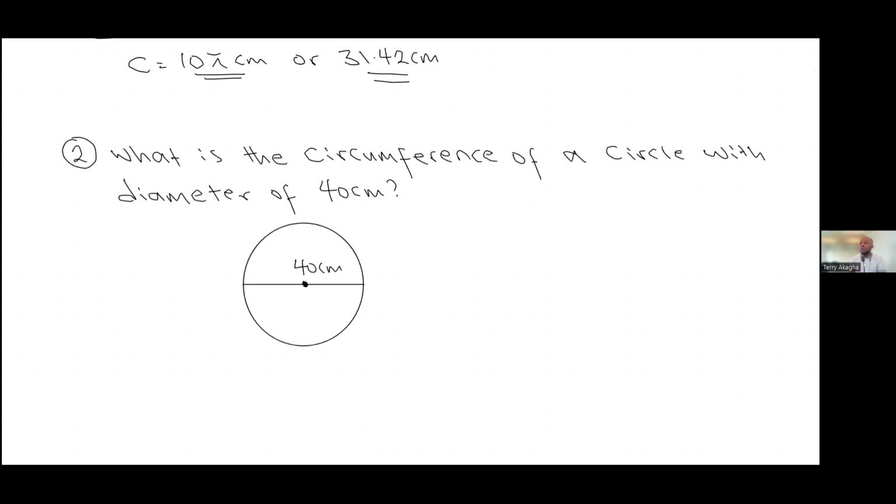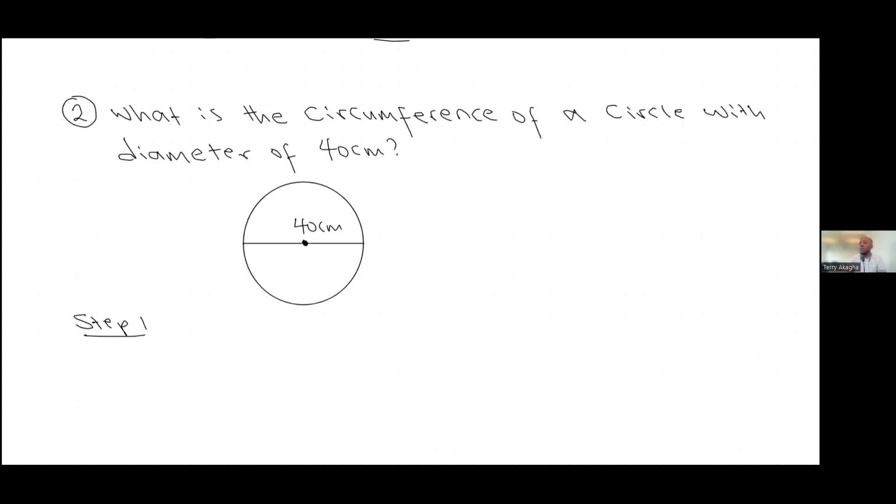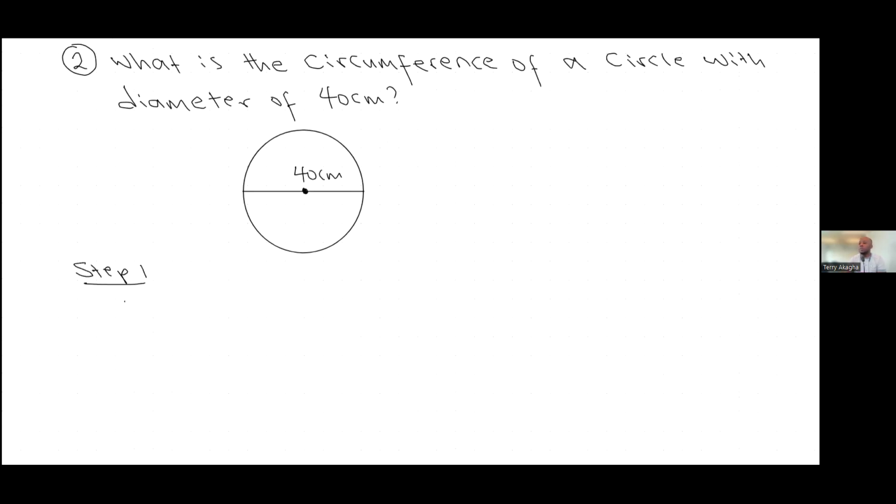So step 1, we have that the diameter, which is equal to D, is 40 centimeter. All right, so we're given the diameter to be 40 centimeter. Now the next part is step 2. Now we can find the circumference.